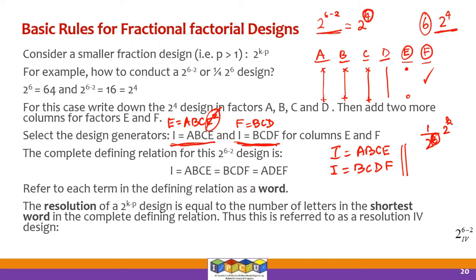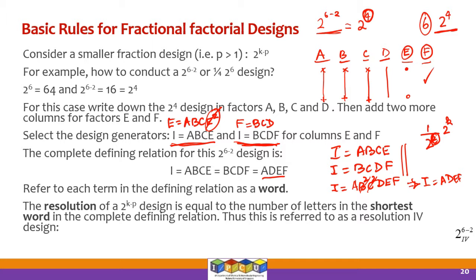If you take these two and multiply them, the left hand side, I into I, gives you I. The right hand sides, if you multiply, you will get A, B squared, C squared, D, E, F. Correct? And we recognize that B squared and C squared are both equal to 1. Therefore, you will get another design generator or defining relation, which is I is equal to ADEF, which is what is shown here.